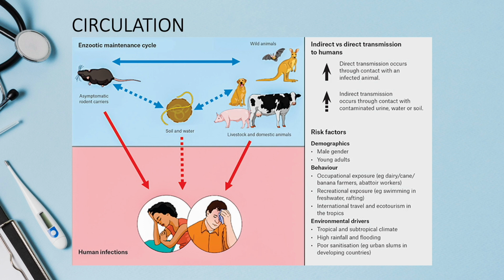Another thing that could happen, you can get leptospirosis. Leptospirosis is an infection that can be transmitted through contaminated water, contaminated food, or through direct contact, especially if you have some skin lesions.